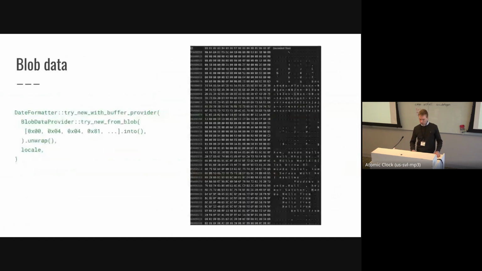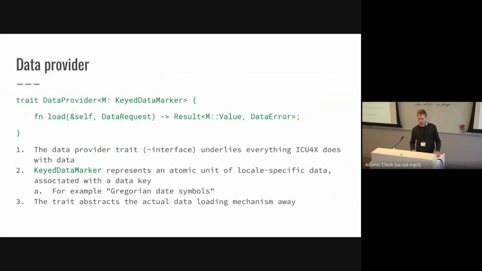When we saw the definition here, we've got this result type, right? Each data marker M has an associated value type. This is a bit simplified. It's a bit more complicated in the actual code, but this is what's happening. Each data marker has a value type, and the load function returns this value type. This value type is borrowed, so it's like zero copy. It just borrows data from the provider, so there's no allocating or anything happening. And in the baked case, borrowing from the provider means it's just static data.